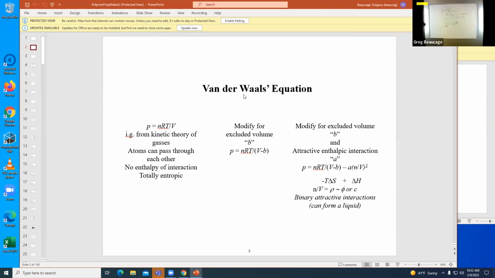So this issue is called excluded volume. That's from van der Waals. He's the first guy that came up with the idea where you had gas atoms floating around. The gas atoms could pass right through each other. That's called ideal gas.